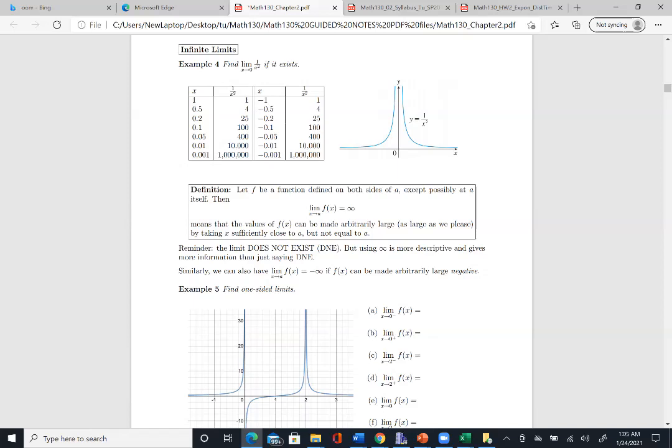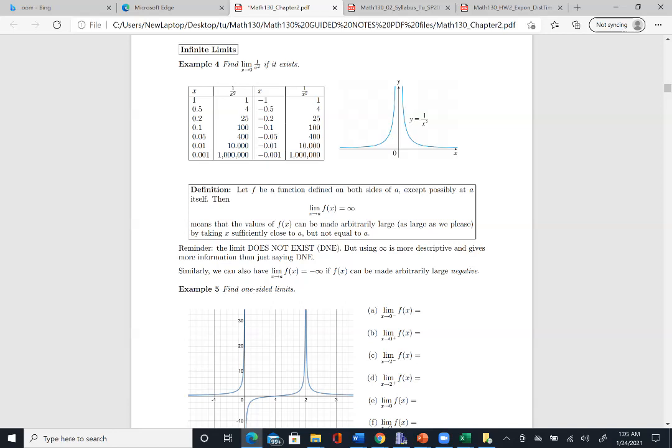Now let's take a look at example number 4. We're going to talk about infinite limits. Find the limit of 1 over x squared when x goes to 0, if it exists.